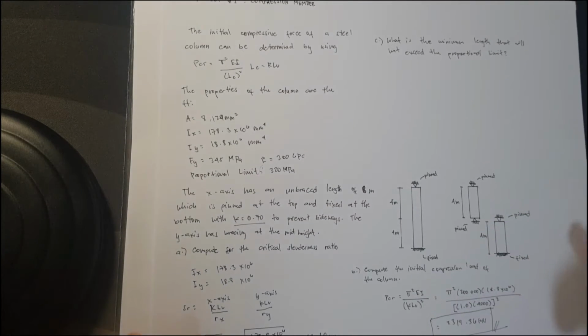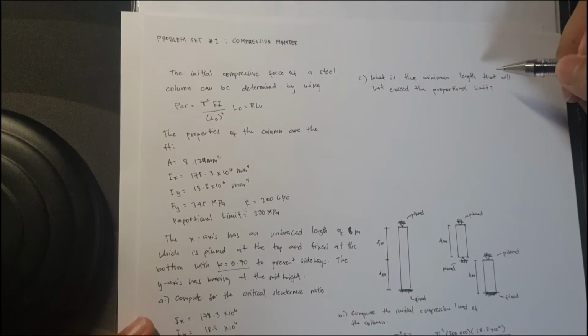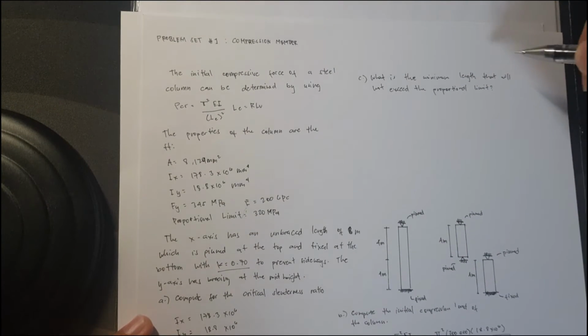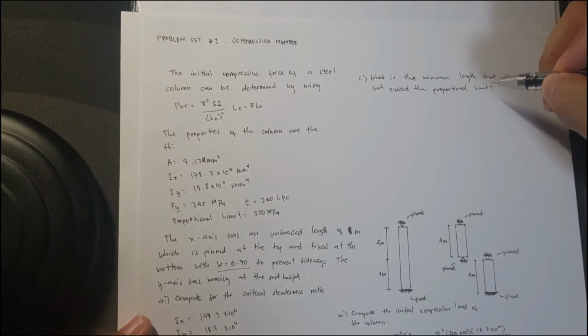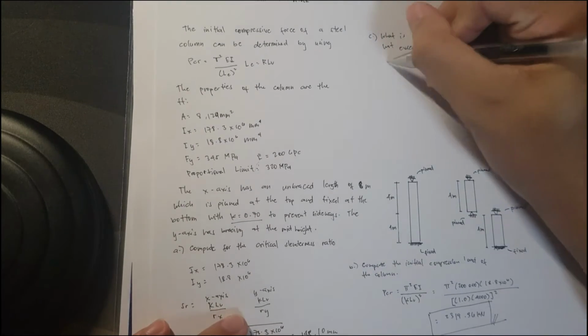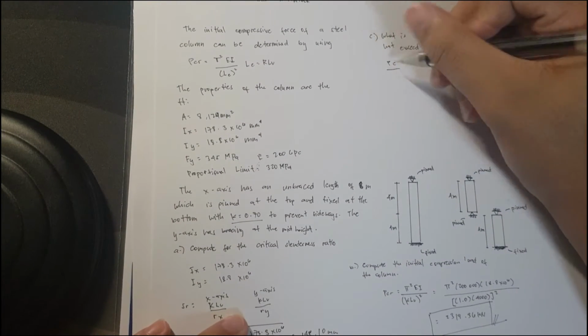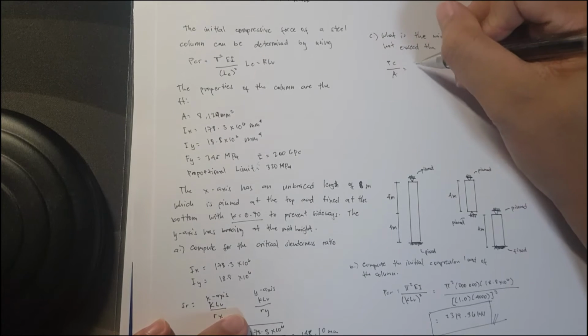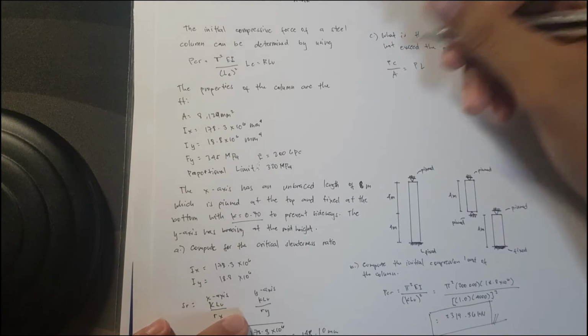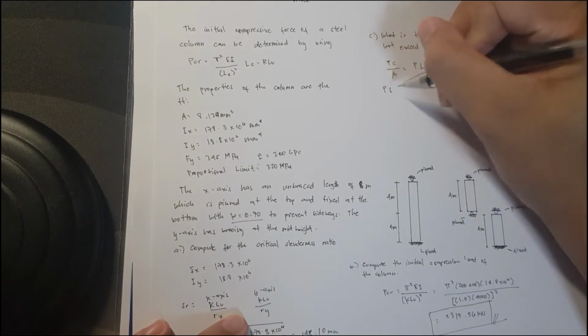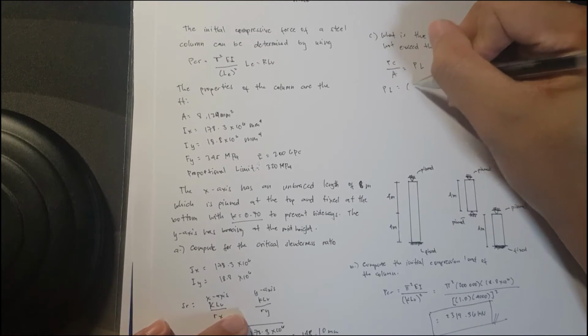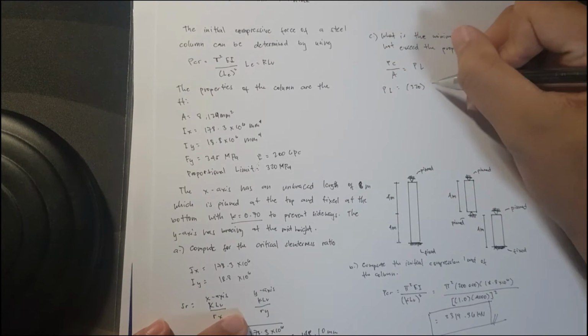So sa C naman tayo. What is the minimum length that will not exceed the proportional limit? Ang formula natin muna dyan is Pcr all over A equals proportional limit. Proportional limit natin is 320, given kanina.